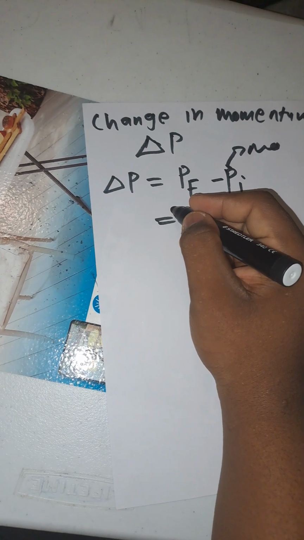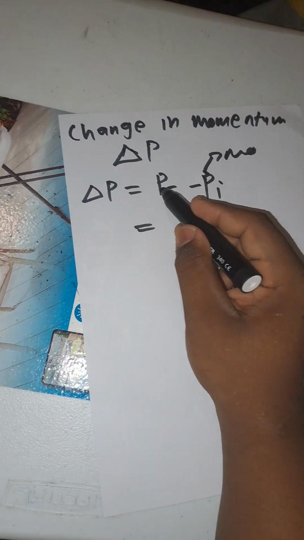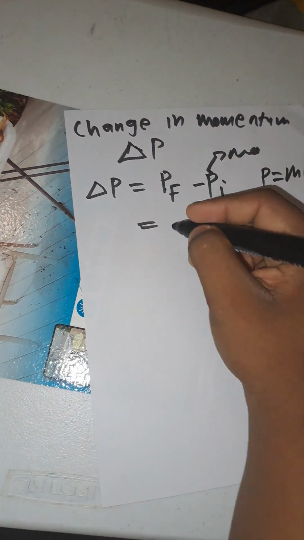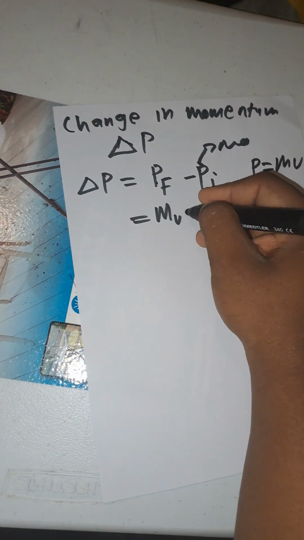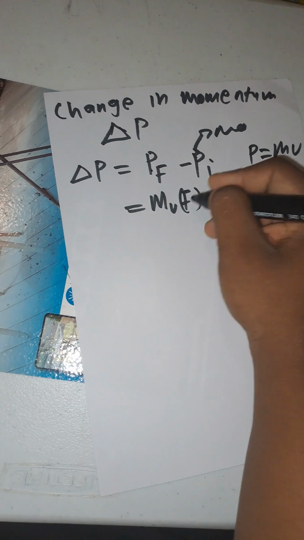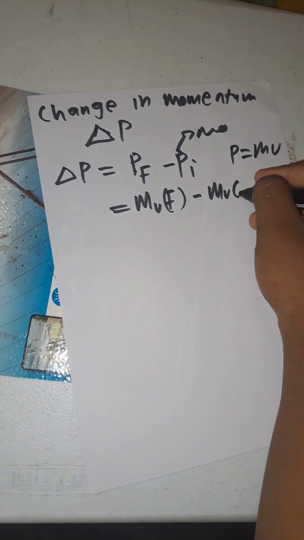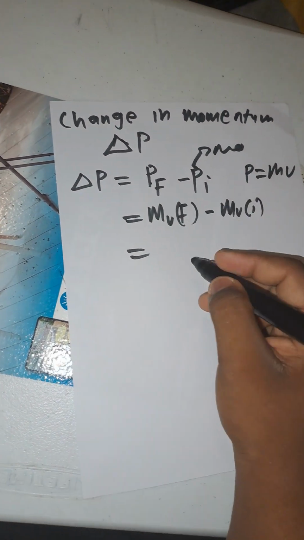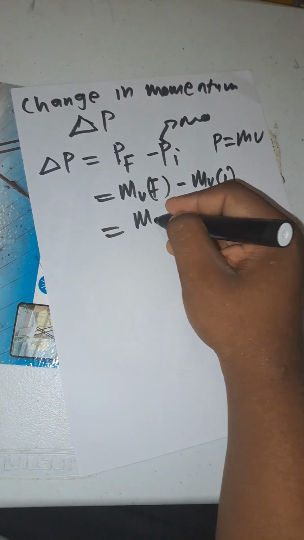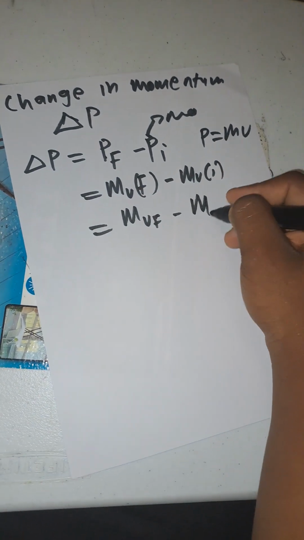So let's continue. Don't forget, I said momentum is P equals mv. So where there is P, I will put mv times f, and then minus mv times i. So when you write it, it will be mvf minus mvi.